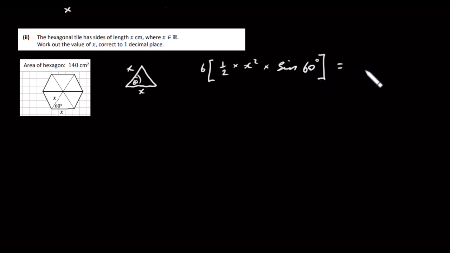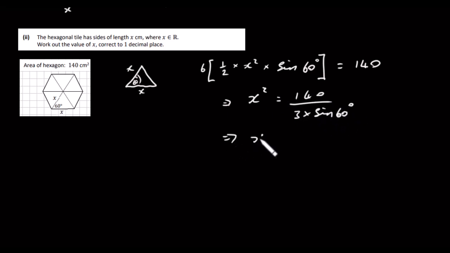That all should equal 140. Half of 6 is 3, so 3 x squared sine 60 equals 140. So x squared is equal to 140 divided by 3 times sine 60 degrees.